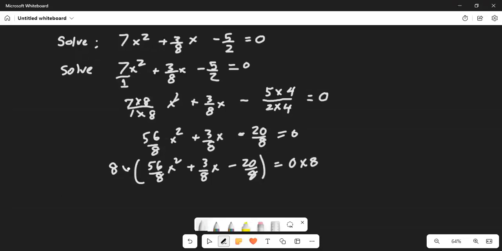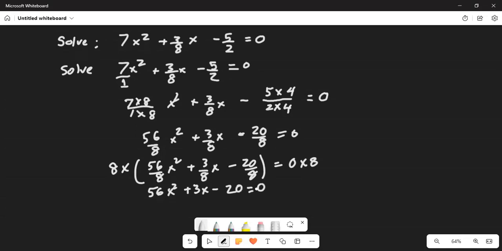When I multiply by 8 on the left-hand side, all the 8s in the denominator cancel with the 8 in the numerator. So I am left with 56x squared plus 3x minus 20 is equal to 0 times 8, which is 0. This is what I get.